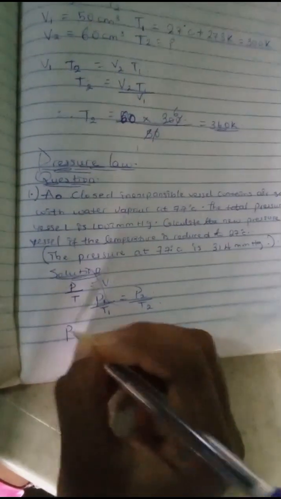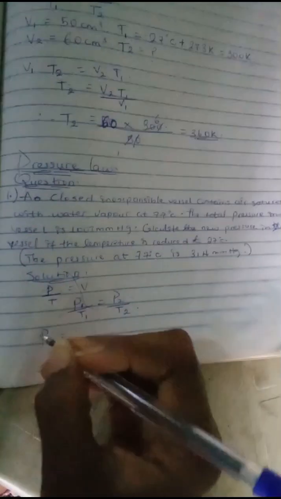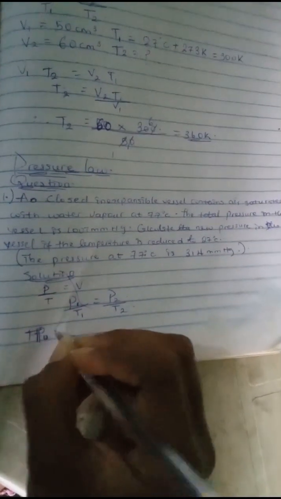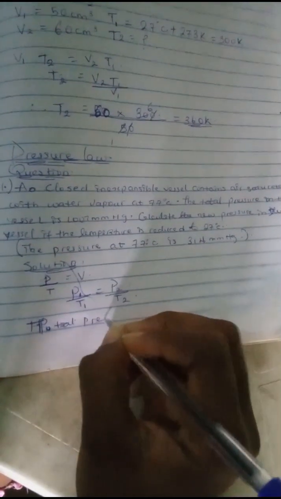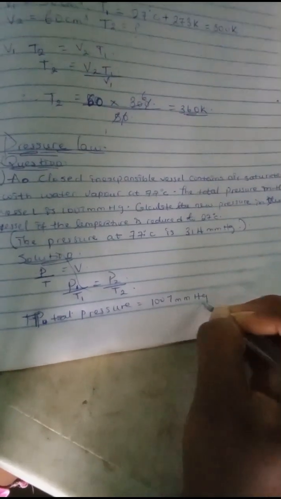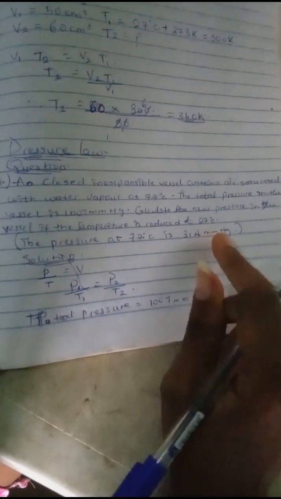So our parameter says P1 equals the total pressure, actually 1007 millimeter mercury, minus the pressure given at 77 degrees Celsius.